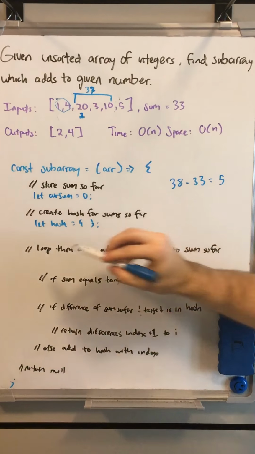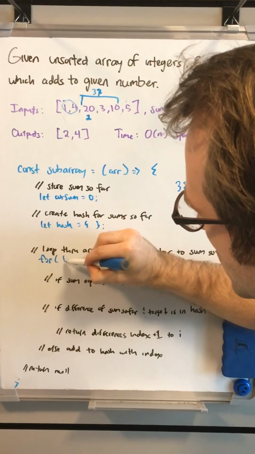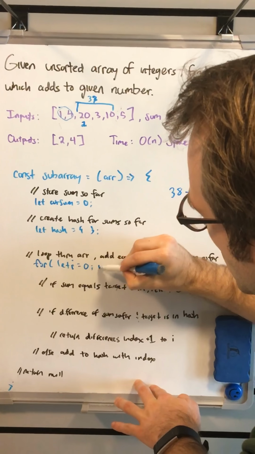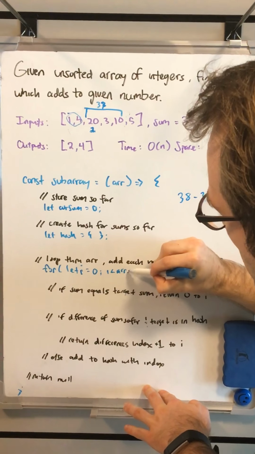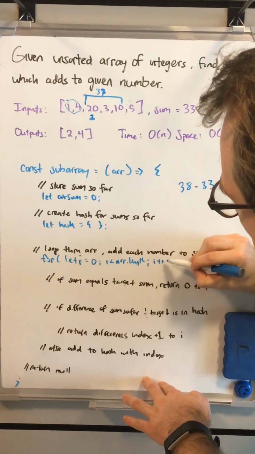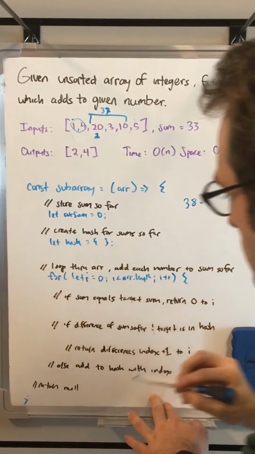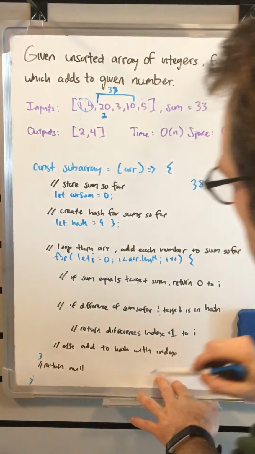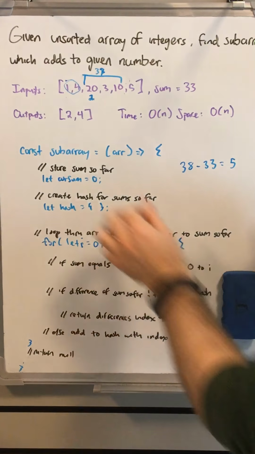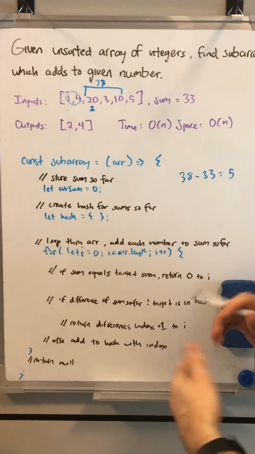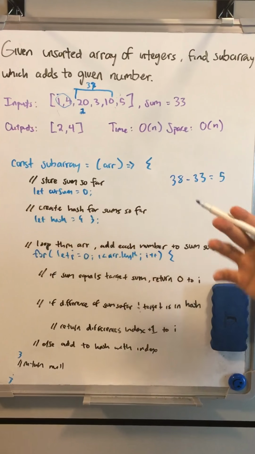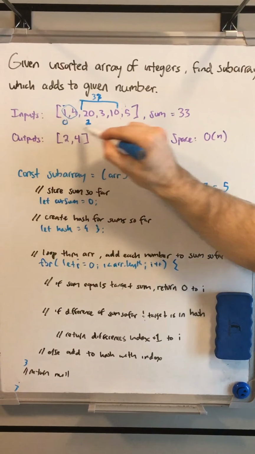So let's see how that looks. If I loop through here, say let i equals 0, i less than array.length, i plus plus, and I'm going to say if the sum equals target sum, return 0 to i, because if the entire time we didn't have to do any subtraction, and all we had to do was keep on adding, then we know that it's from 0 to wherever we're at.